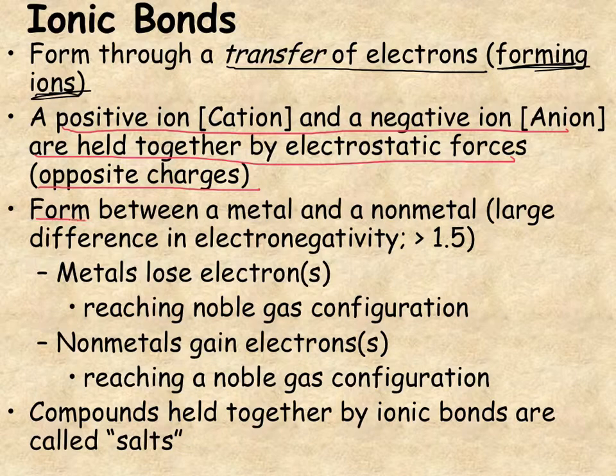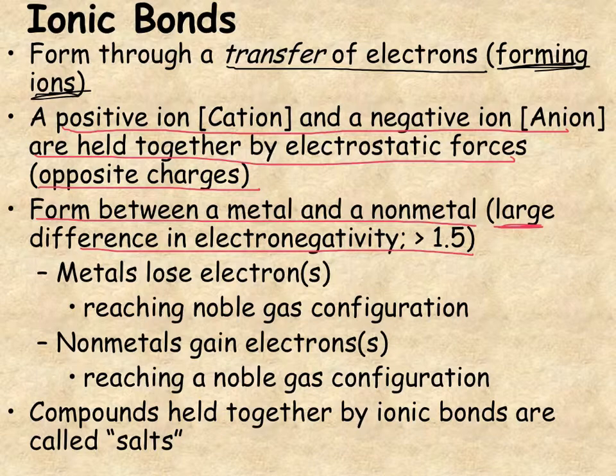And ionic bonds are only formed between metal and non-metal elements, and only when there is a large difference in the electronegativity, right? Remember back from the periodic table, we talked about the electronegativity being an atom's ability to attract or acquire electrons, and the higher the number, that means that the more an atom wants electrons.